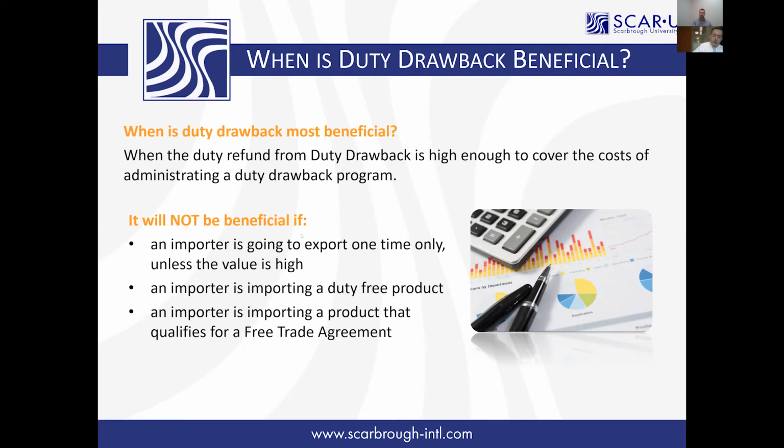So if the 8-digit HTS number is an other provision, you have to go down to the 10-digit. And the 10-digit number of the imported good must match the 10-digit number of the outgoing good. However, another caveat: if the 10-digit HTS is also an other provision, there's no substitution drawback allowed.